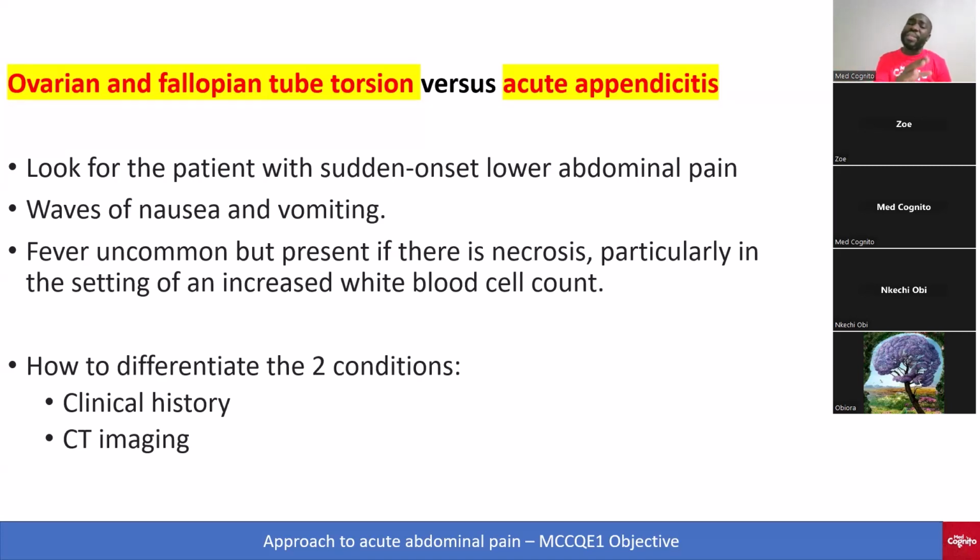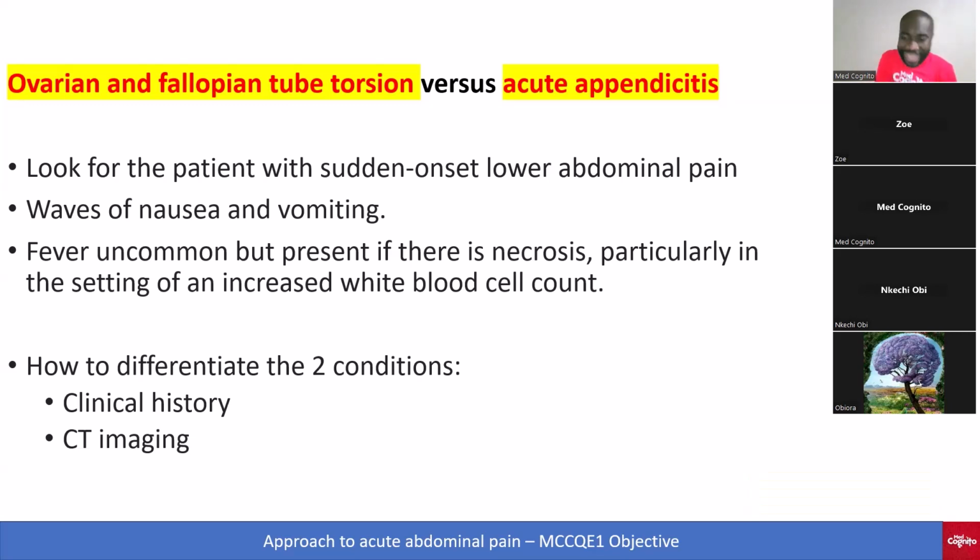Usually, the pain of appendicitis starts diffusely around the umbilicus and then becomes localized in the right lower quadrant. But with fallopian tube torsion, the patient may be doing their thing, they don't have any malaise, nothing. And then suddenly, pain, trouble. That's ovarian and fallopian tube torsion. So look for that word, sudden. That is what is going to be the game changer for you in your board exam.